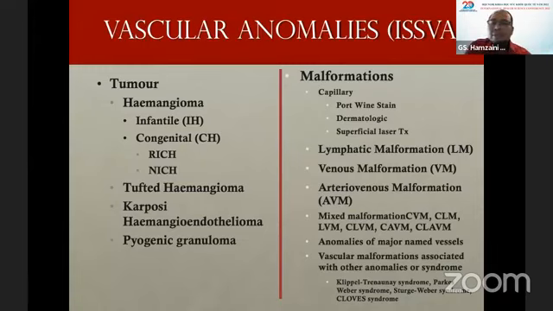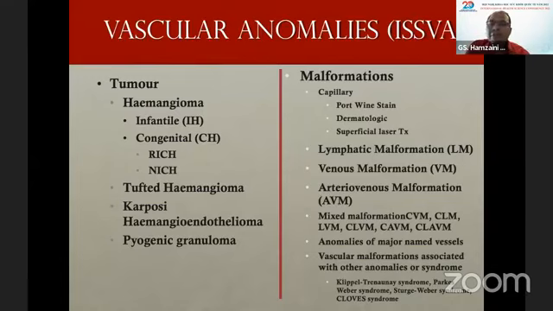Congenital hemangioma is further divided into RICH, which is rapidly involuting congenital hemangioma, and non-involuting congenital hemangioma. And of course, tufted hemangioma, kaposiform hemangioendothelioma, and pyogenic granuloma. These are not limited to this list only. If you go into the ISSVA website and look at the ISSVA classification, you will see more.